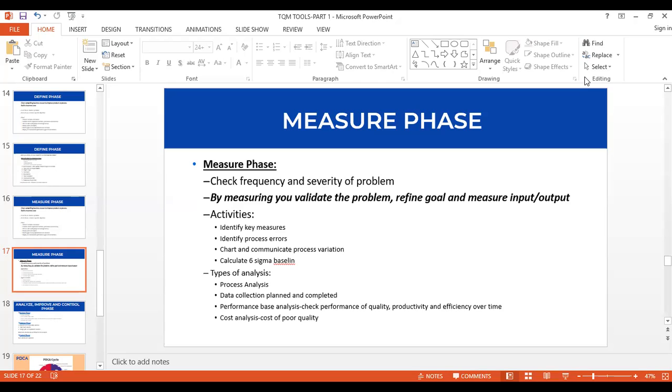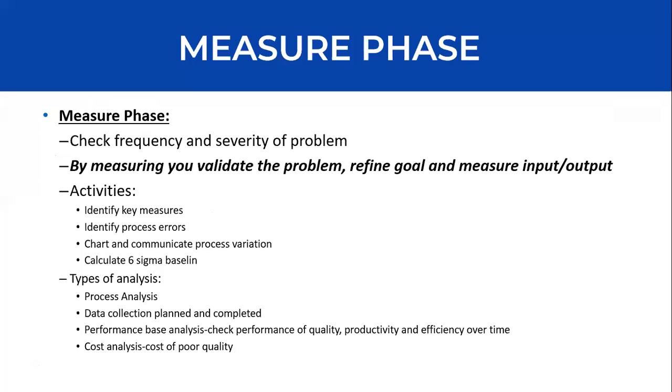So in the case of the green robes, this many robes are coming in, at the beginning of the day there are this many, and at the end of the day there are X number. So you're measuring the input, you're measuring the output, you're validating the problem, and you're going very close to the problem to identify what's going on.